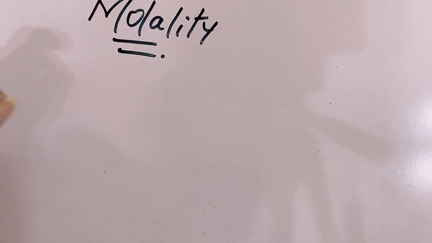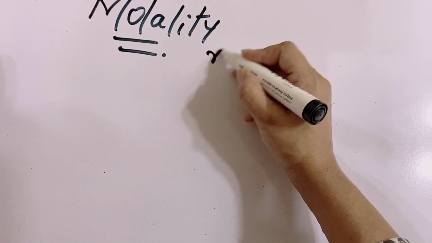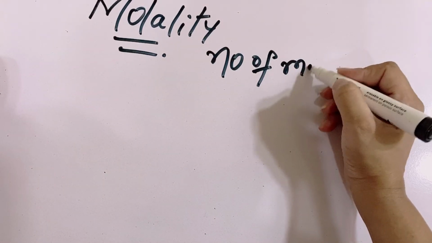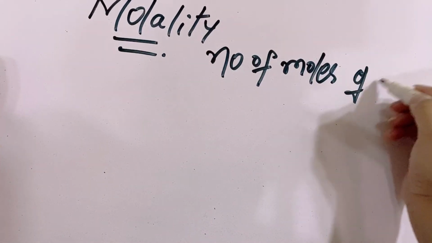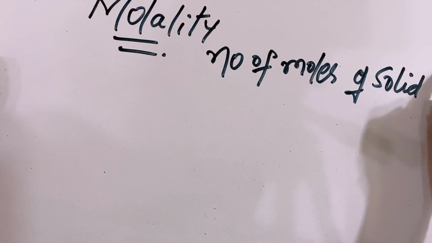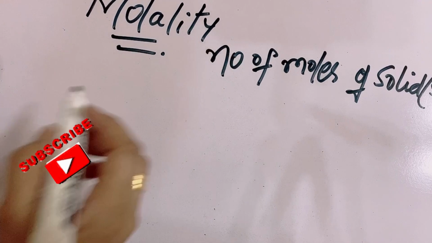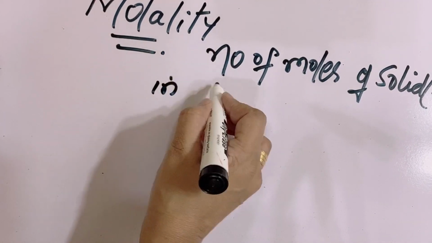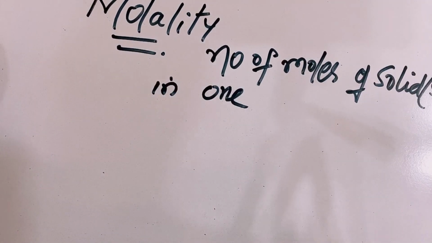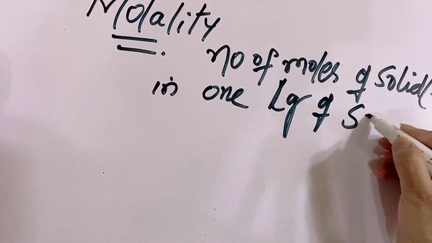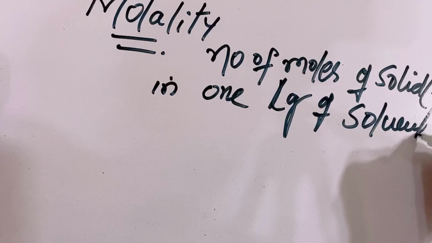It's the number of moles of solute in 1 kilogram of solvent. So simple and easy.